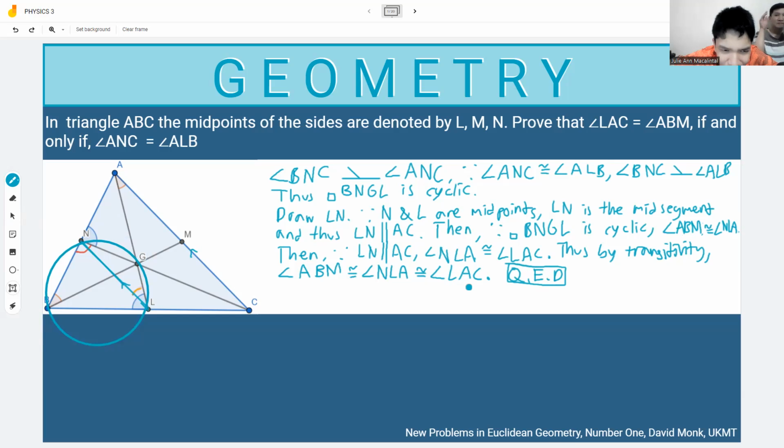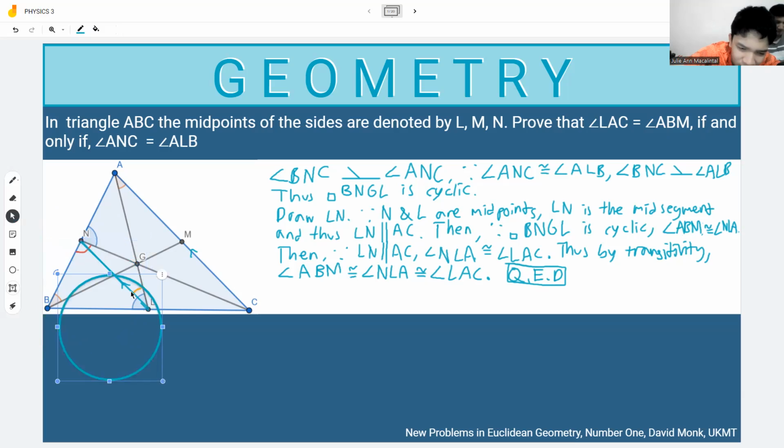So the other way around is the if and only if, of course. Except this red one, let's imagine it doesn't exist. So, of course, verbally, LAC is congruent to NLA here.